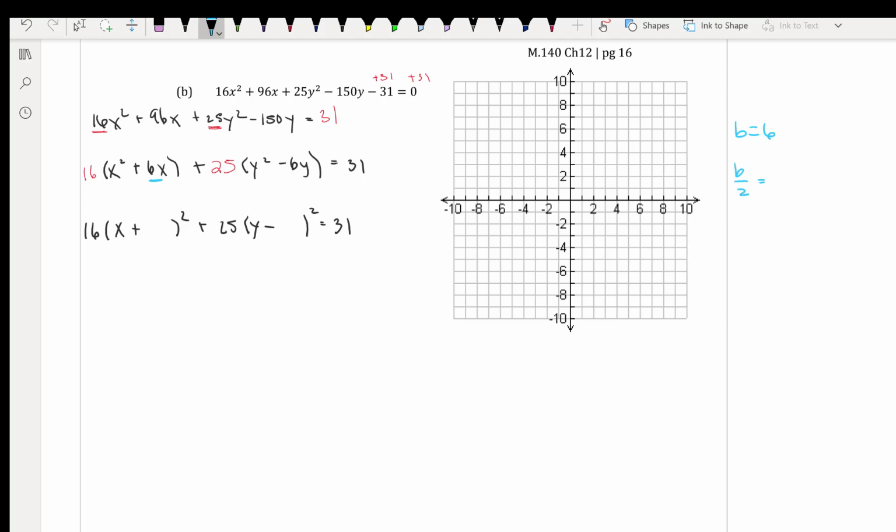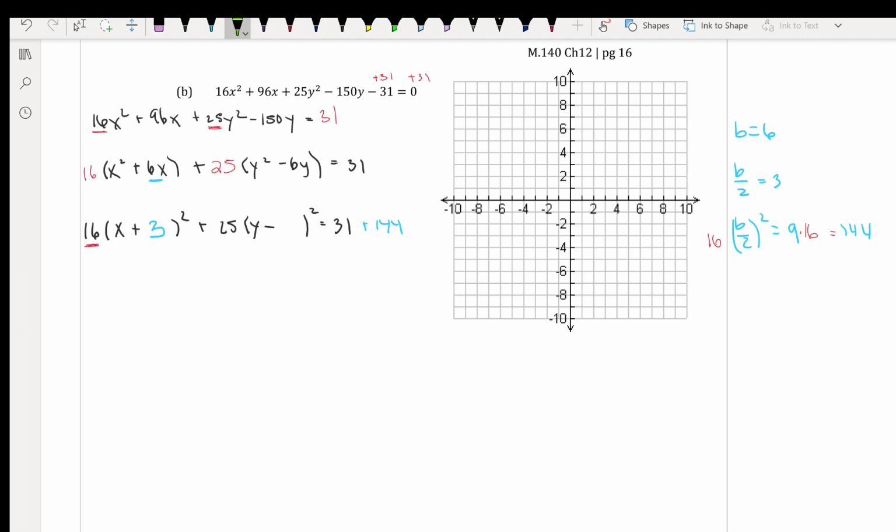So 6 divided by 2 gives me 3. And if I were to square that, that would be 9. But remember, we always multiply by the number out in front. So I'm going to have my 9 times 16, which is 144. So my b divided by 2 value, the value that I'm plugging in here is 3. And over on this side, I'm going to add my 144.